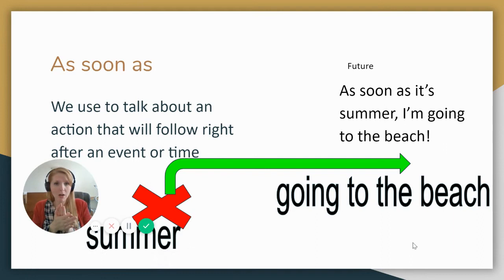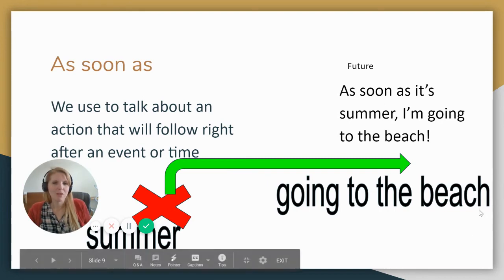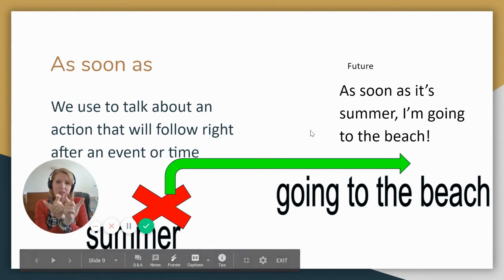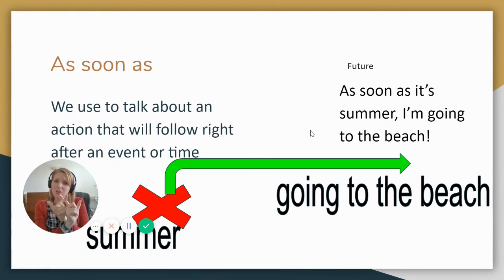So summer, what are we going to do after summer starts? I am going to the beach. I'm going to the beach. Oh, as soon as it's summer, going to the beach. Okay? So here we see that as soon as is at the beginning. I could also switch that. I'm going to the beach as soon as it's summer. Both sentences are good. Both make sense. Time clauses, most of the time, can move and you still understand them.